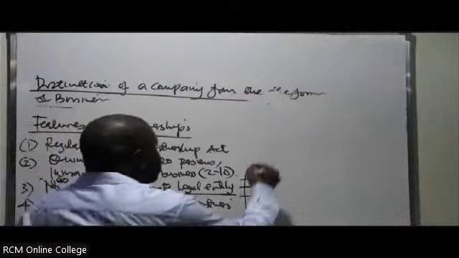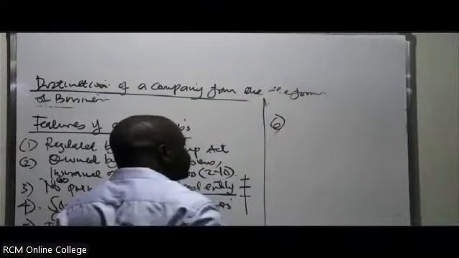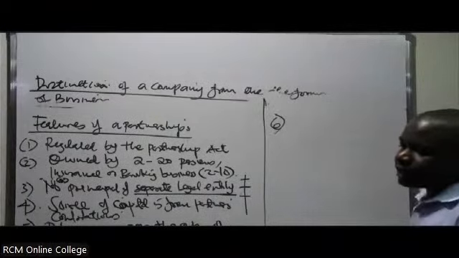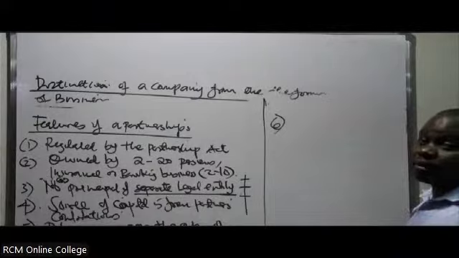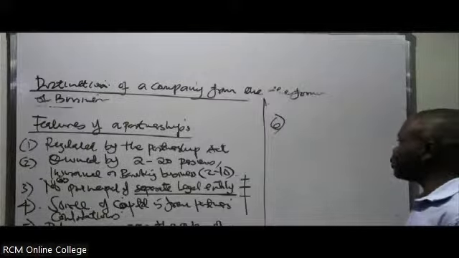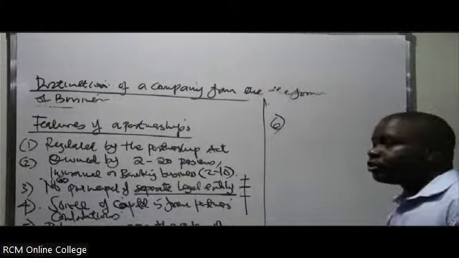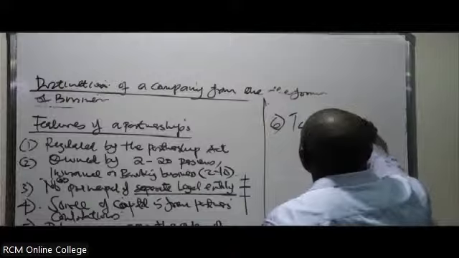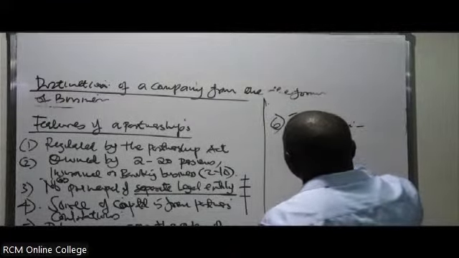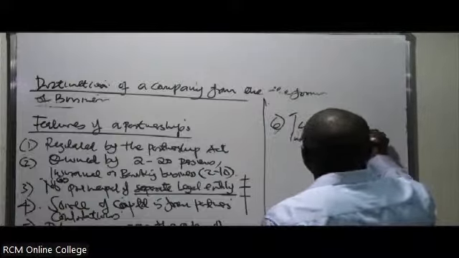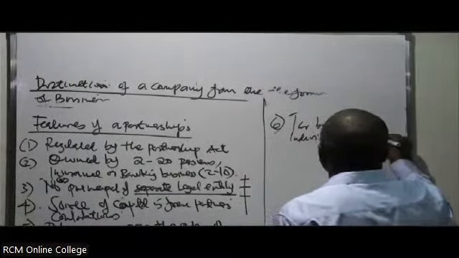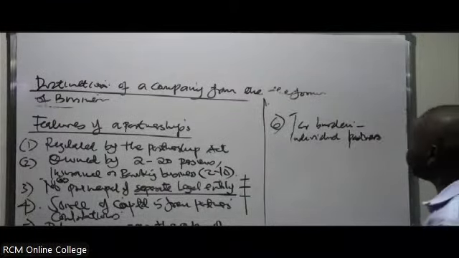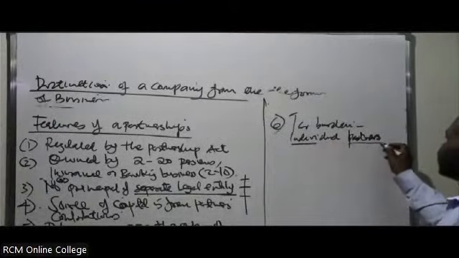What is the other key feature you have to take note of regarding partnerships? Number 6. Most of you have been able to learn about public finance and taxation. The tax burden in a partnership is normally on the individual partners. Even I know a little bit about tax.